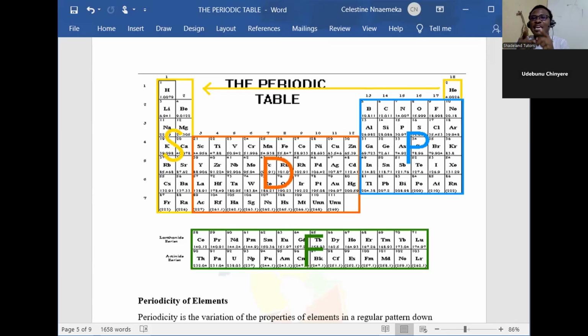Then the D block is a special kind of elements that I said we are going to discuss later. They are metals, but they are specially transition metals. They have some interesting properties that we'll be discussing later on, maybe towards the end of your SS2 or in SS3. Then the F block is what we call the inner transition metals.